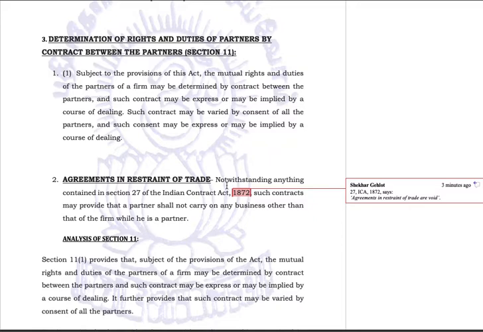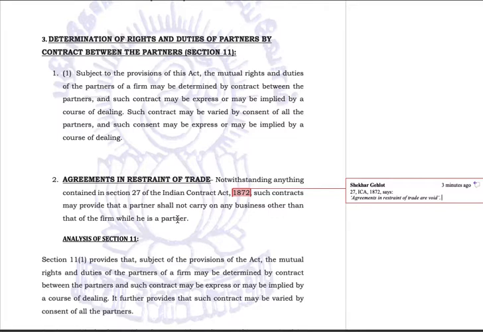That means the Contract Act may be saying that you cannot have such a contract, but still, if you have a contract which says that a partner shall not carry on any business other than that of the firm while he is a partner, then this kind of contract shall be valid and we will not treat it as void.